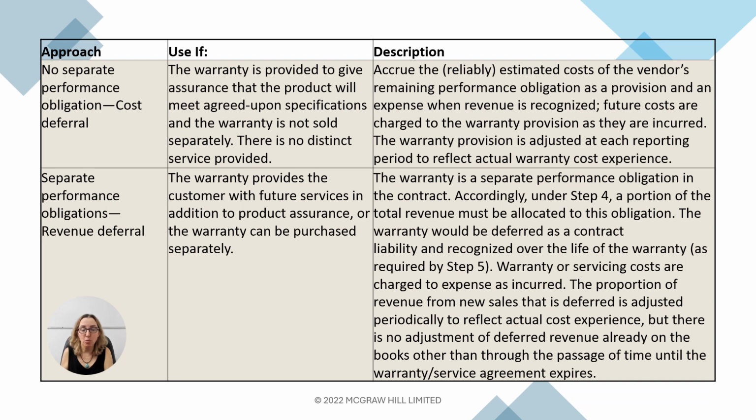Then you would have your warranty or servicing costs charged to expense as incurred, and the proportion of revenue from new sales that is deferred would be adjusted periodically to reflect your actual cost experience. And there would be no adjustment of deferred revenue already on the books other than through the passage of time. So again, if it's, say, a 2-year warranty, you're basically saying that I need to defer some of my price over that 2-year period.